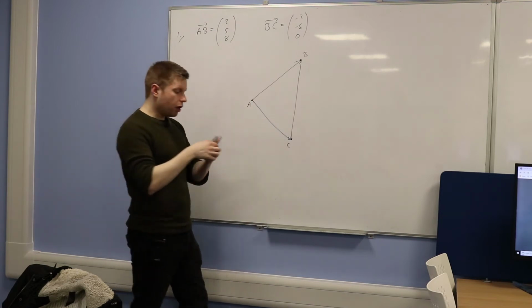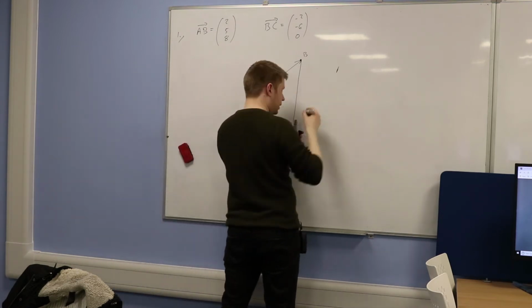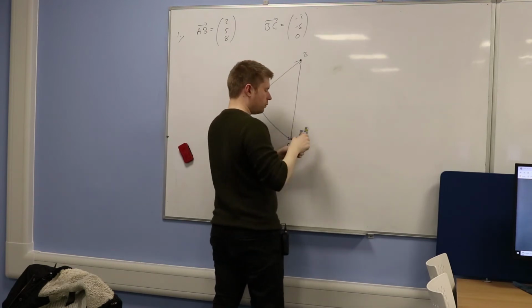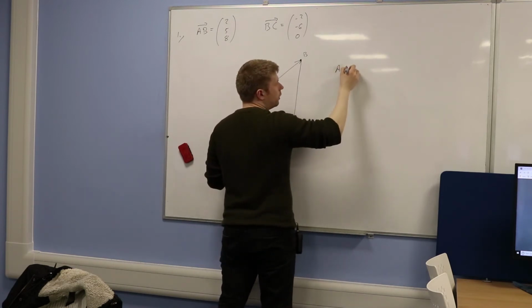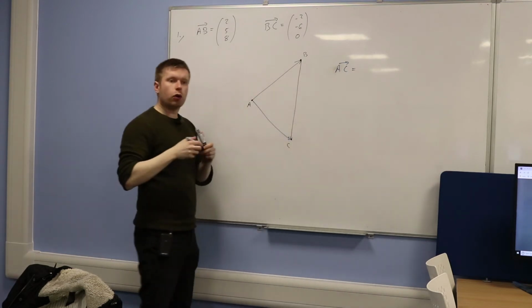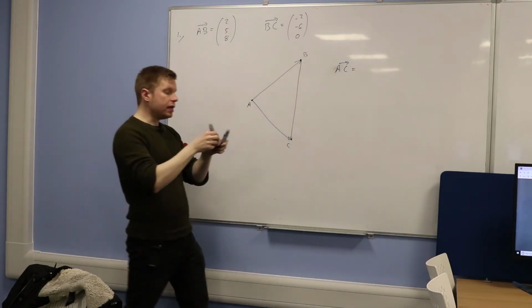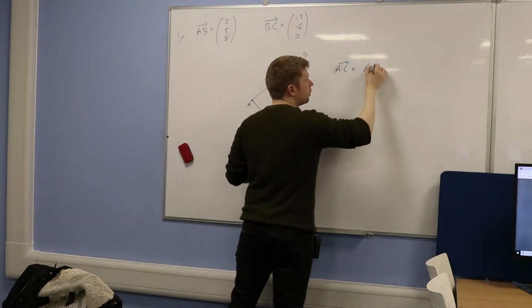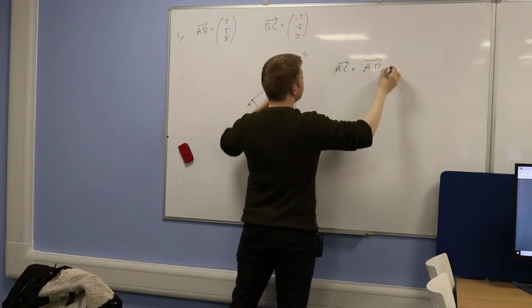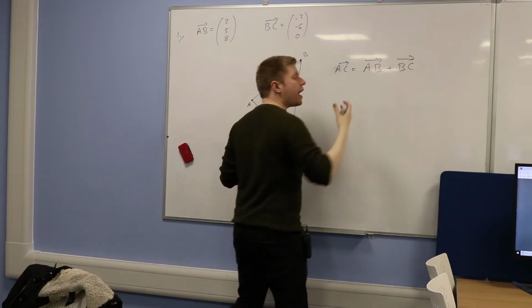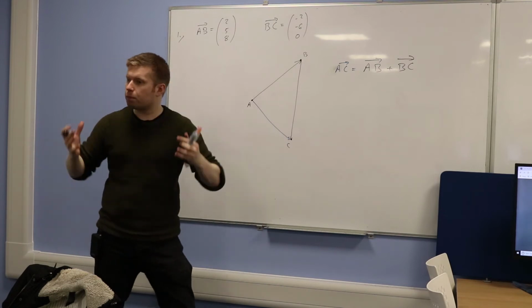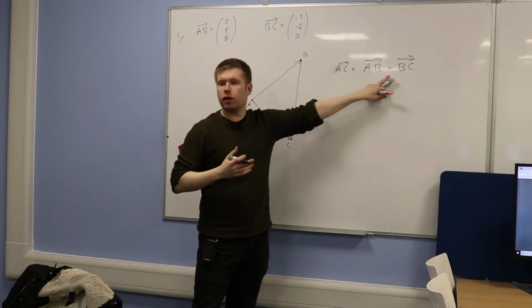So in other words, A to C, let me do it in blue, will be the equivalent of moving along A to B and then moving along B to C. You notice with vectors, if you want to combine paths together, you combine them with a plus.